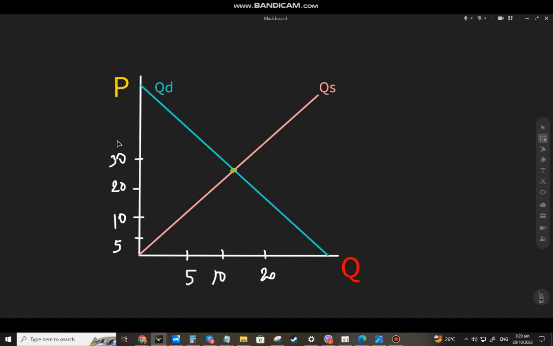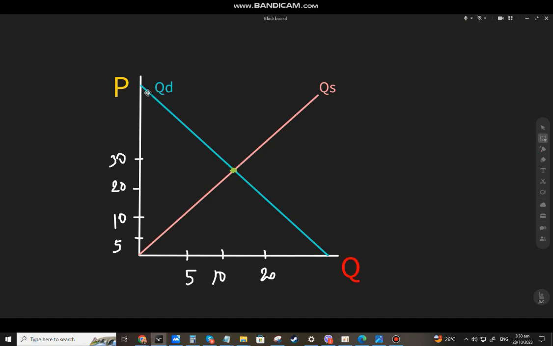So these are just examples, okay? The 5, 10, 20, I'm just making a scale here. The QD here, the blue one, will be the demand curve, and the QS will be the supply curve. Let's have an example. For a coffee, if they are going to price it high, for example $60 for a coffee, of course the demand will be low because not everybody could afford a $60 coffee, right?